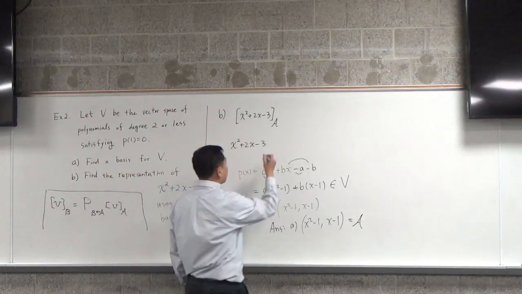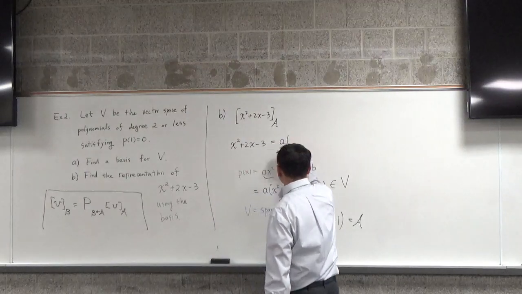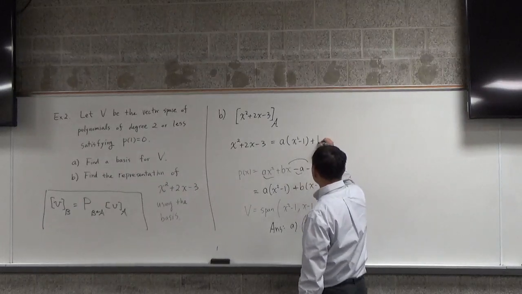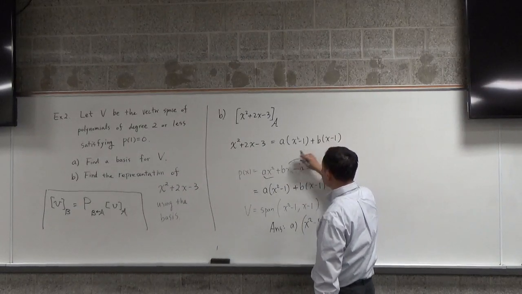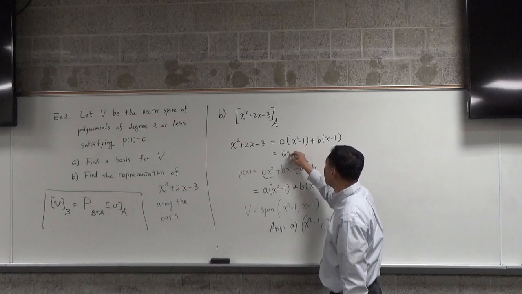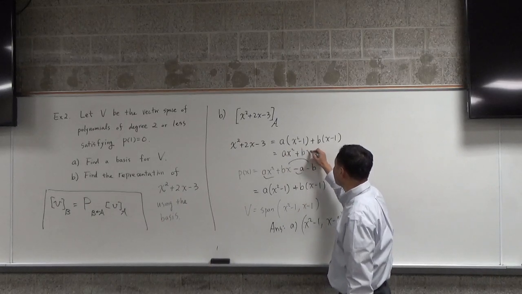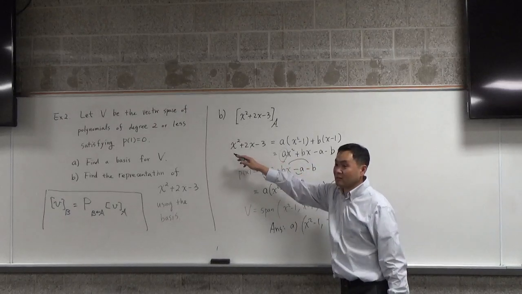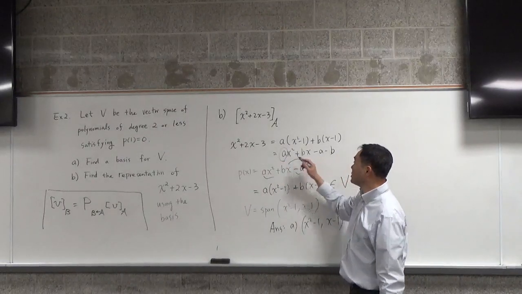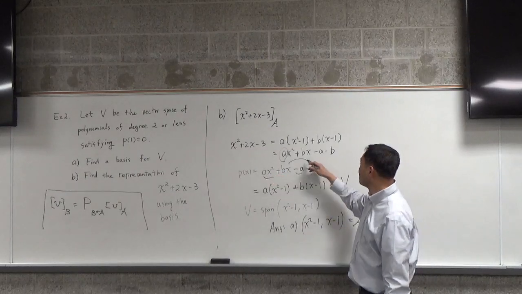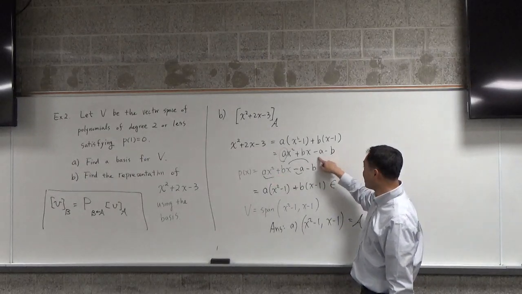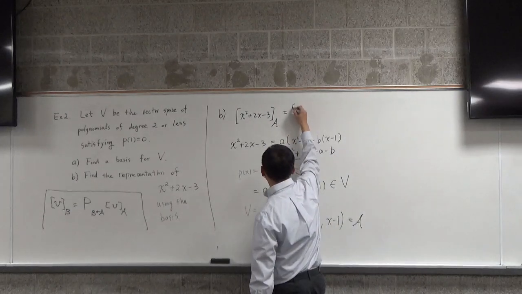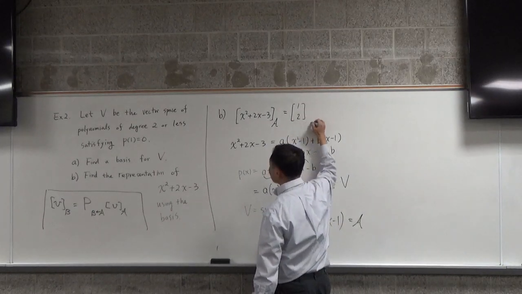So we have a times x squared minus 1 plus b times x minus 1. The easiest thing is it's ax squared plus bx minus a minus b. So a must be 1 and b must be 2, and then it automatically satisfies the third one. Therefore, this would be 1, 2. Done.